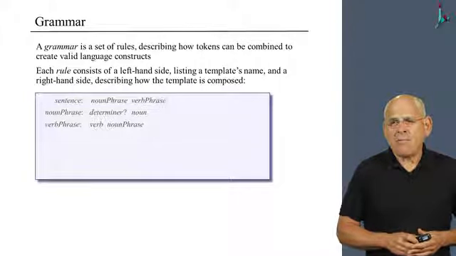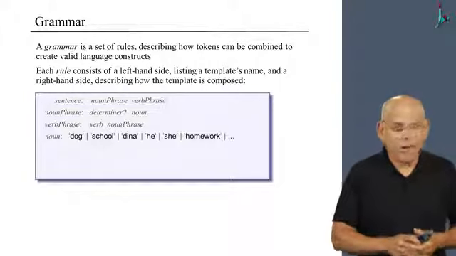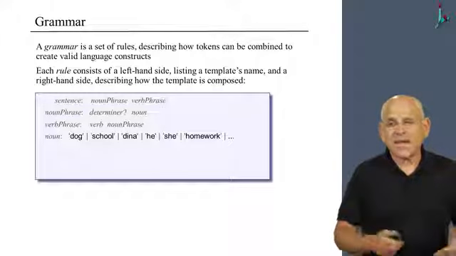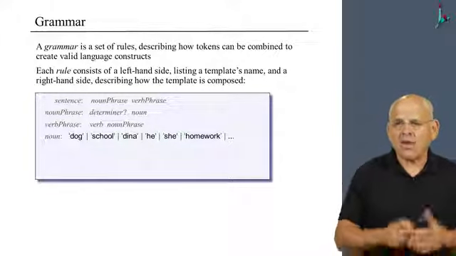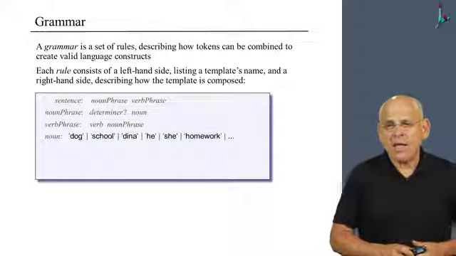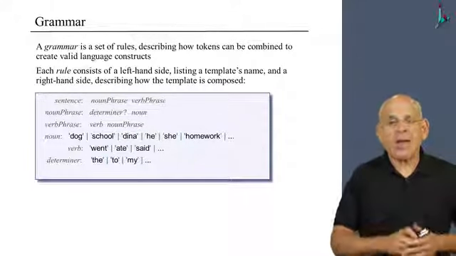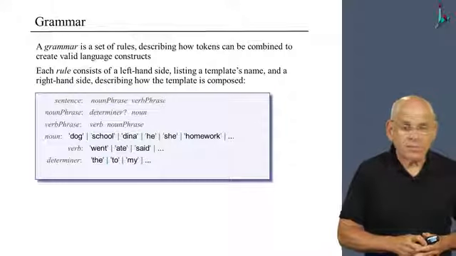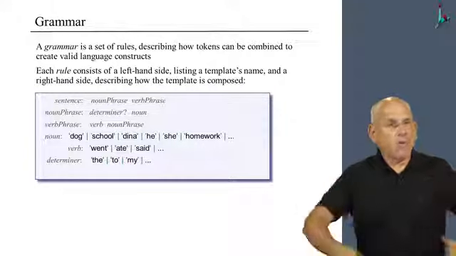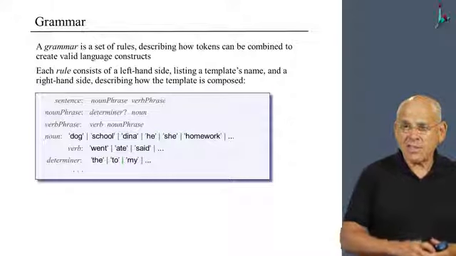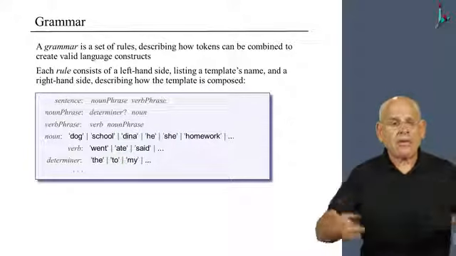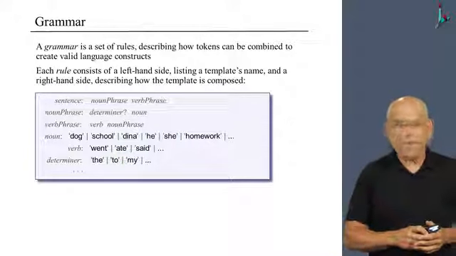And then we have a set of allowable nouns, which are lexical constants like dog, school, dinner, and so on. We have a set of allowable verbs, and we have a set of allowable determiners. And we can add more rules and more constants to this grammar and make it as fancy as we please.